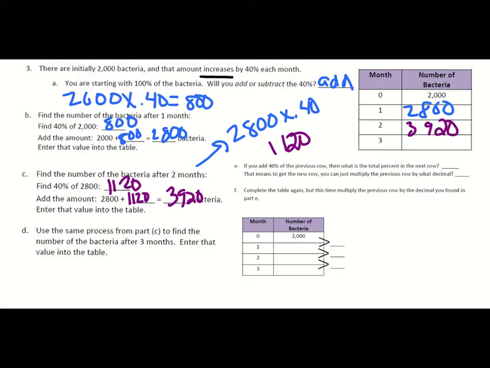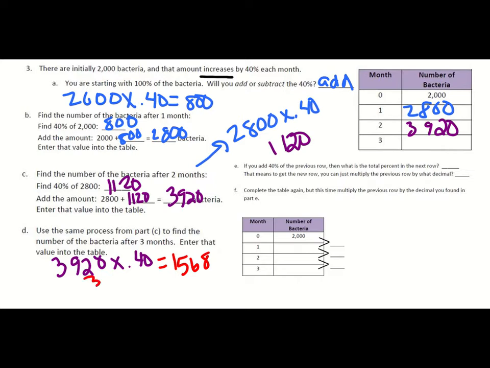And then for part C, I'm going to do the same thing. 3,920 times 0.40. Let me change my pen color again. So that's another 1,568.